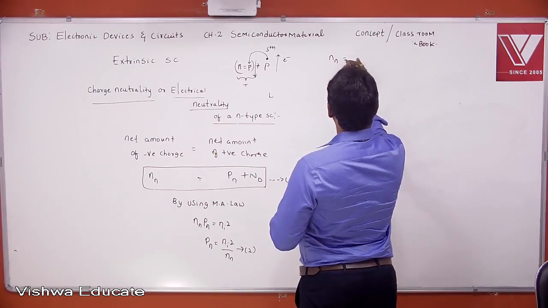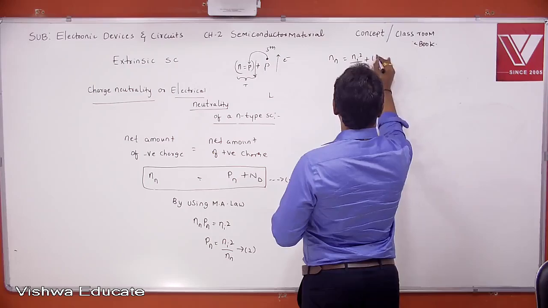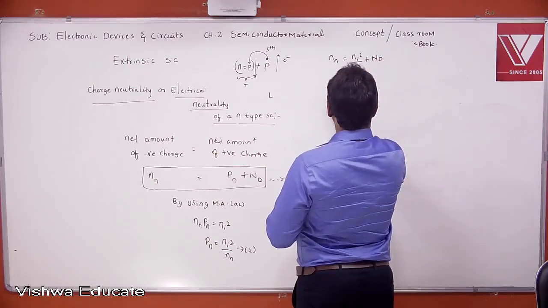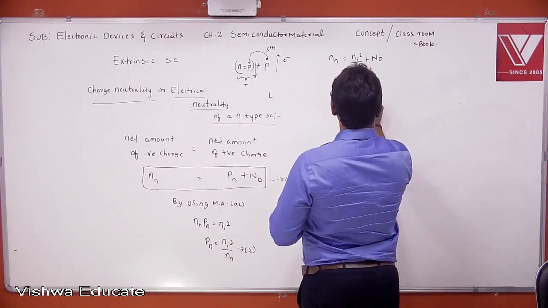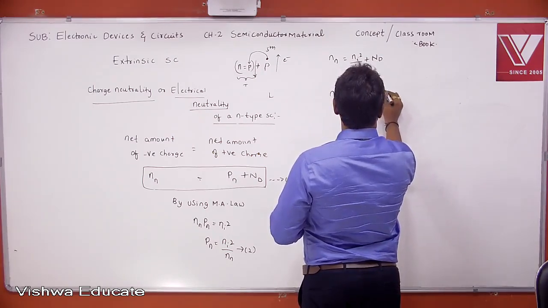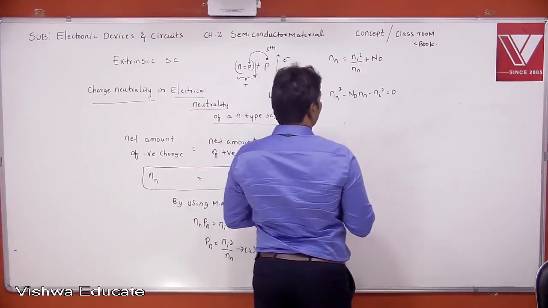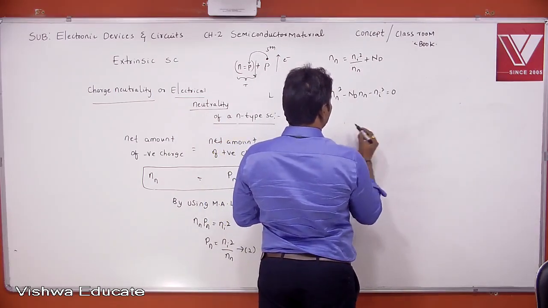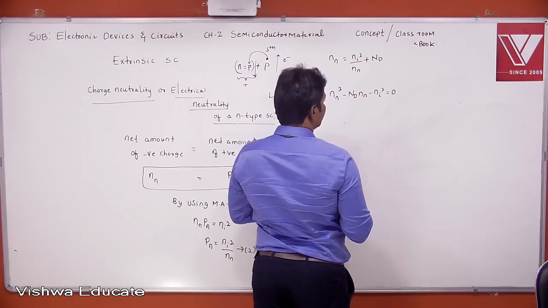Nn equal to Pn is Ni square by Nn plus Nd. Now Nn square minus Nd into Nn minus Ni square equal to 0. See here, this is clearly a quadratic equation. How to solve this? You know minus b plus or minus root of b square minus 4ac by 2a.